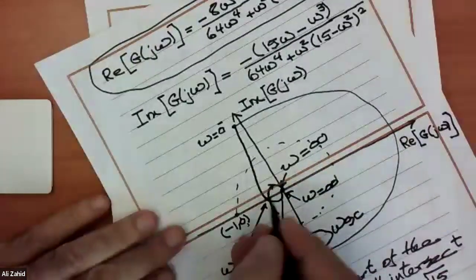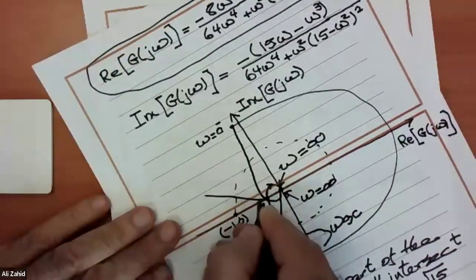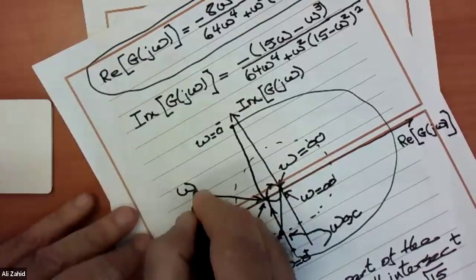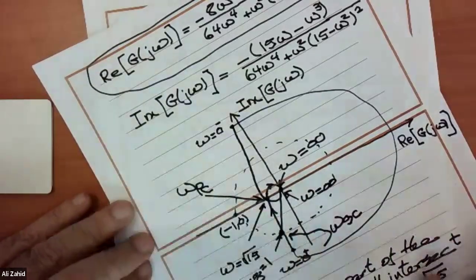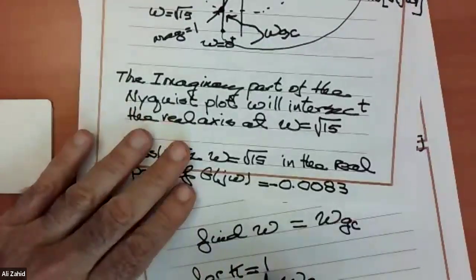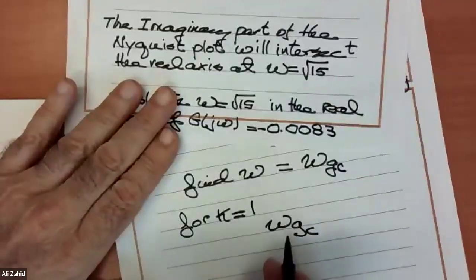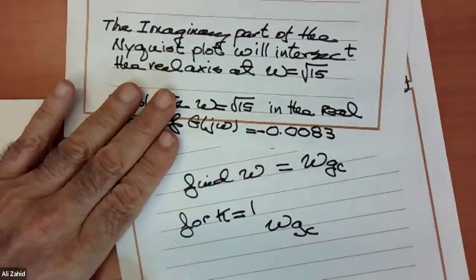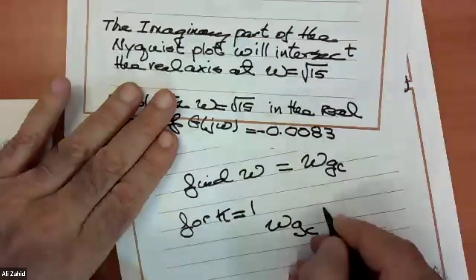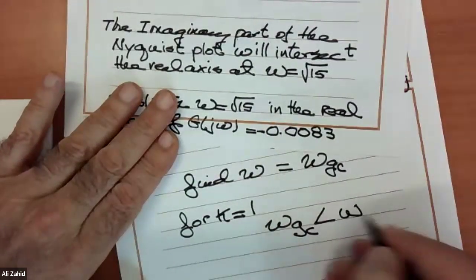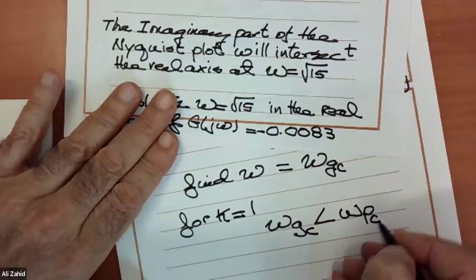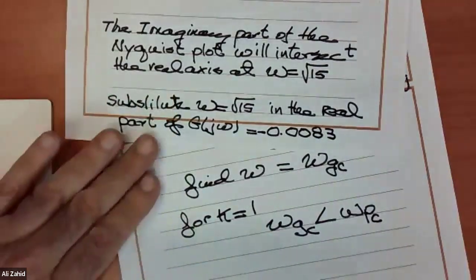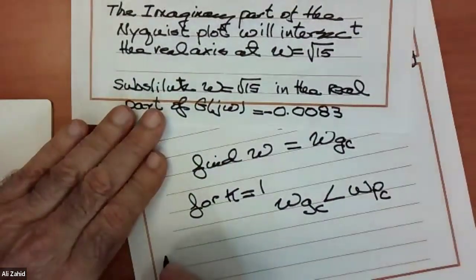That's right there. The phase crossover is larger. So for k equal to 1, we already know that the system is stable. So omega GC is less than omega PC.